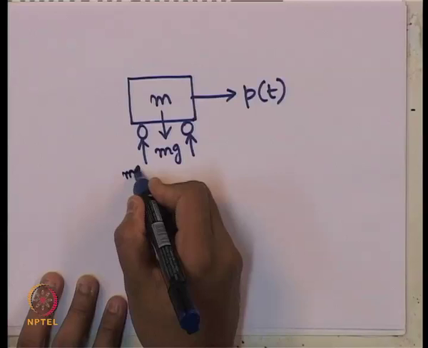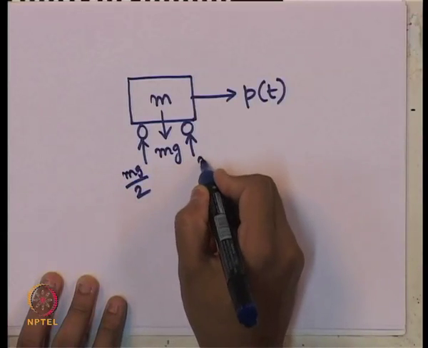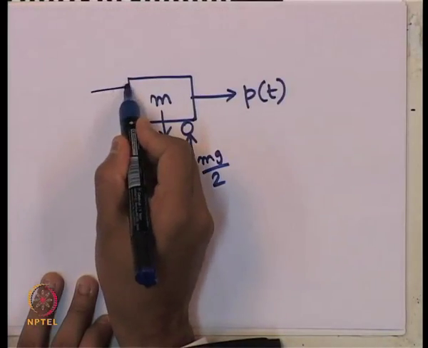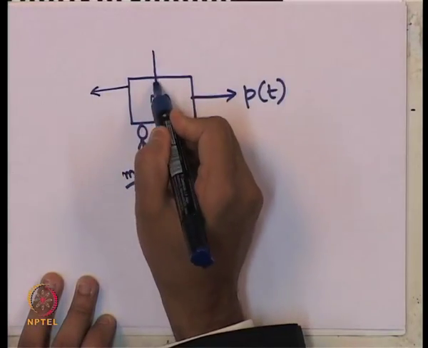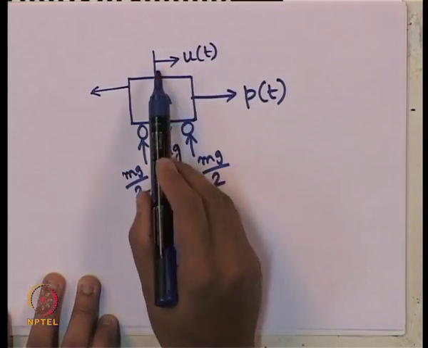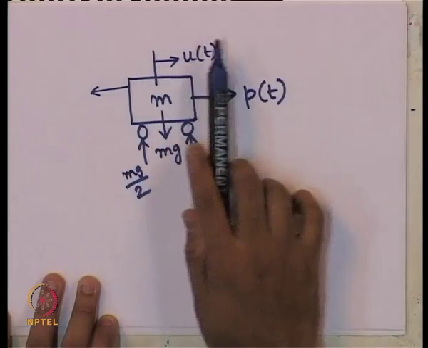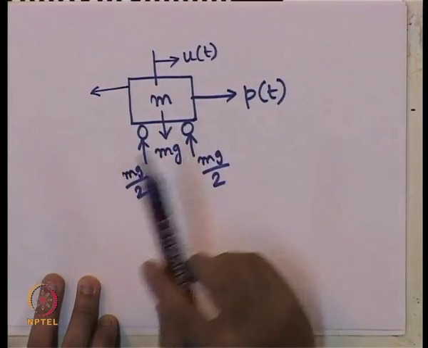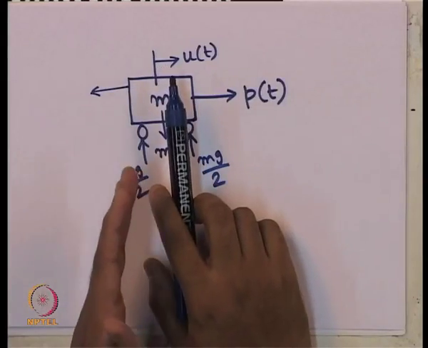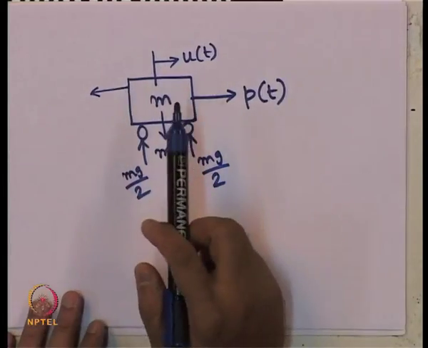So, this will be mg by 2, this will be mg by 2, and as at any instant of time it is prompted to move, we have taken its direction of motion in this way. So, obviously, the forces of resistance will try to pull it back to its original position.